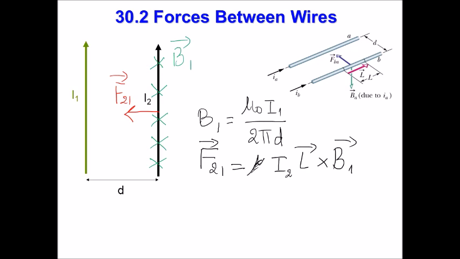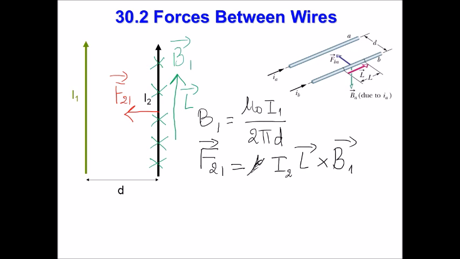That's L. You put your hand in the direction of L, your fingers pointing in the direction of L. You sweep them, you rotate them in the direction of B, so you rotate them into the board. You will see that your thumb is pointing to the left. So that's the force. So indeed there is an attractive force.